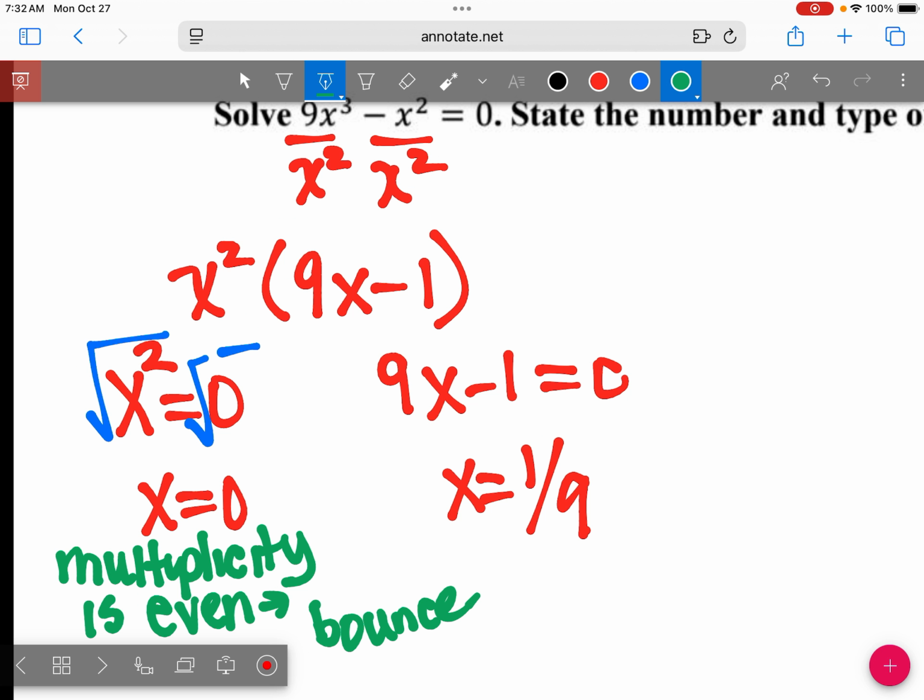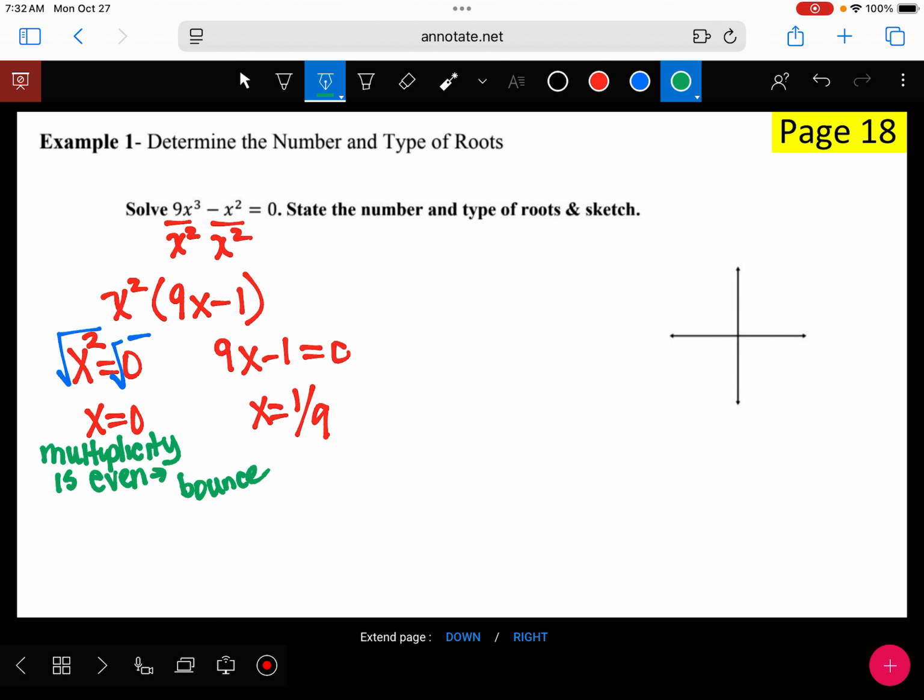So I'm going to put 2 points. I'm going to put a point at 0. And then the 1 over 9 is positive, so I'm just going to put it somewhere over here on the positive. Again, looking at this first term, this is an odd degree, and it's positive, which means the left side is going to go down and the right side goes up.